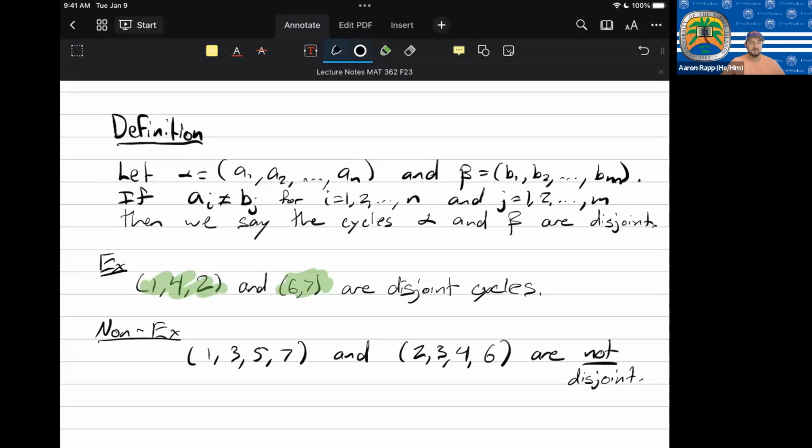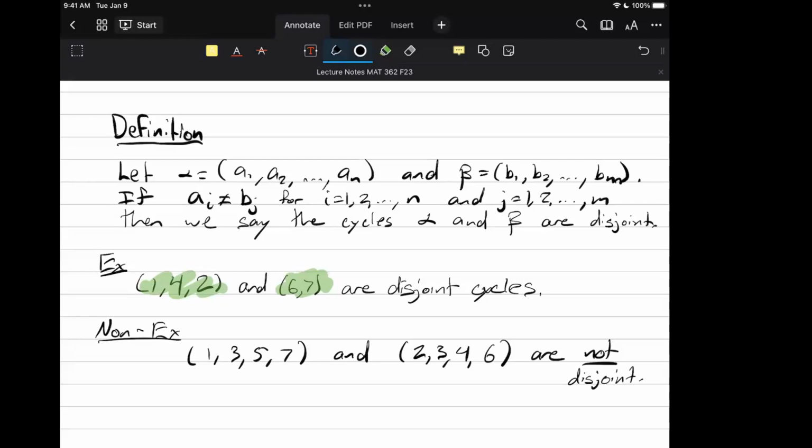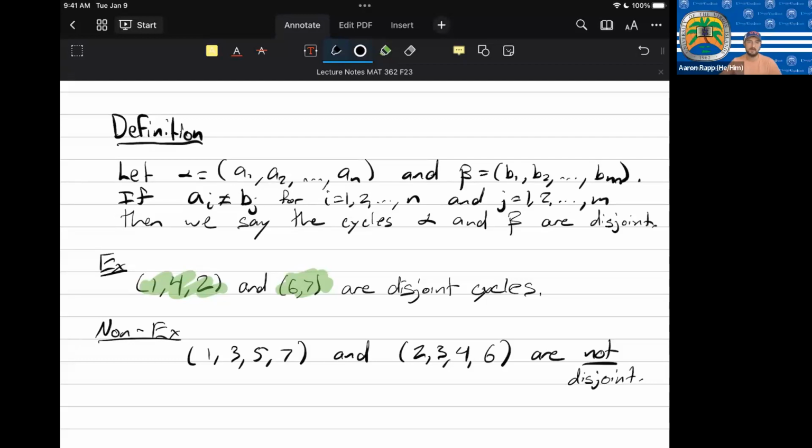And why is that the case? Because 3 is in both of them. Because both of these cycles do something with at least 3. And they also have 2 different things that they do to 3. But that's not really the point. It's just more so that both of them affect the value 3. They permute the value 3.